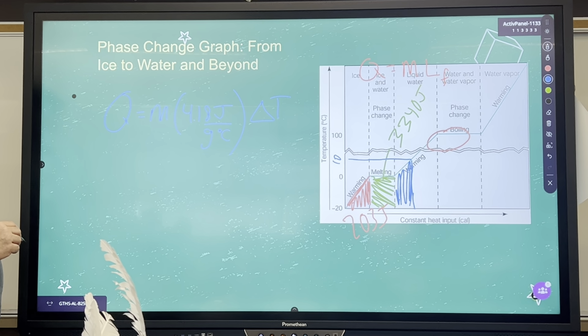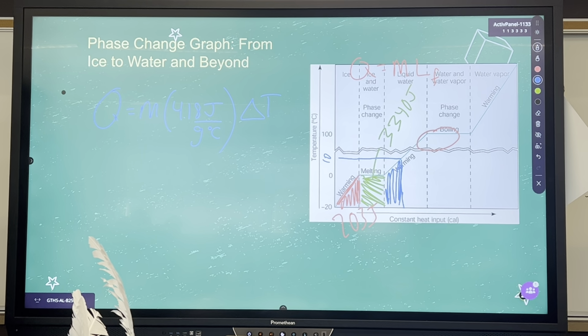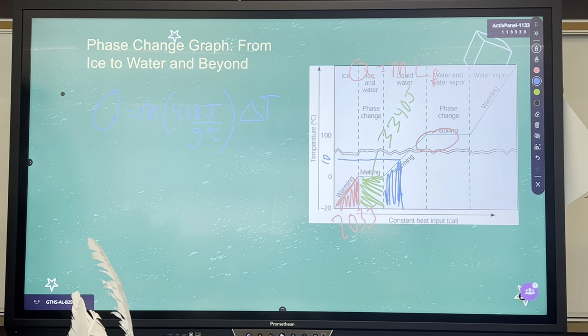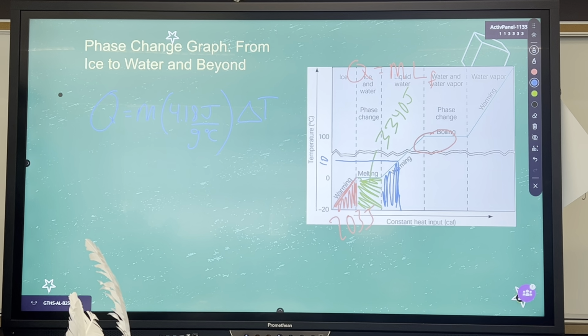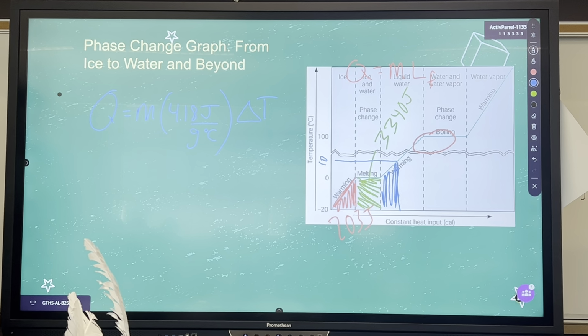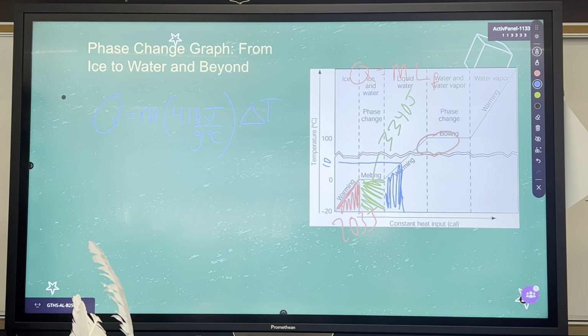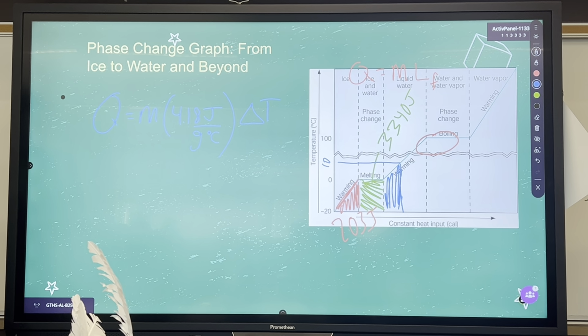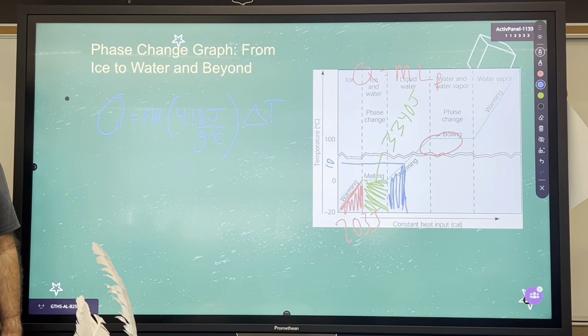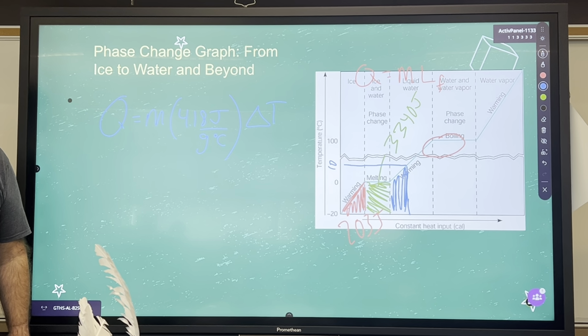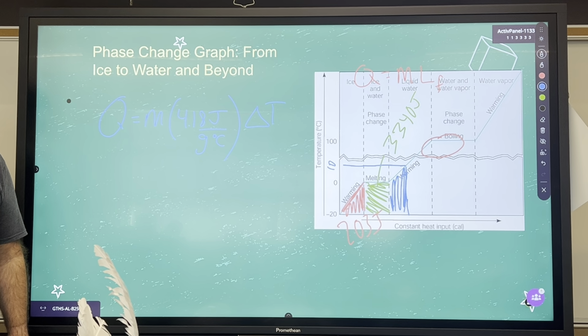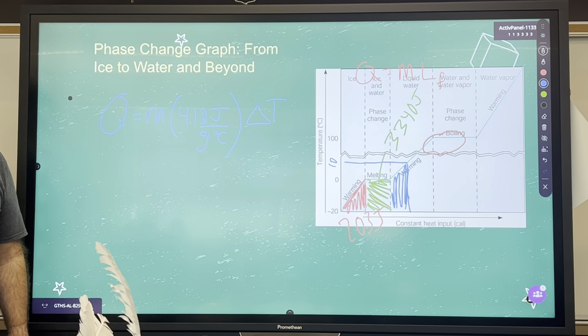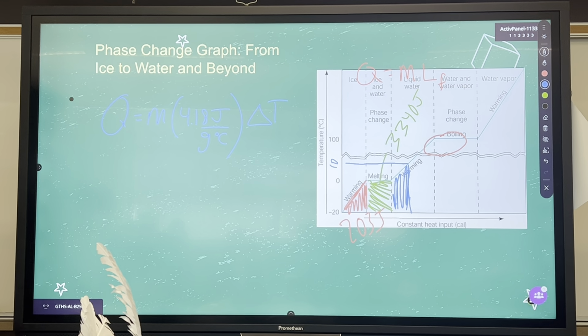It's the same problem we've been working on from the beginning. What was the mass? Not the example on the front page, open it up to the next page. There's an example. 10 grams.